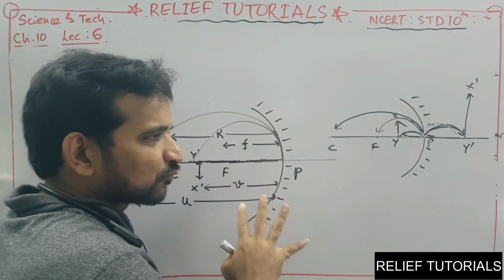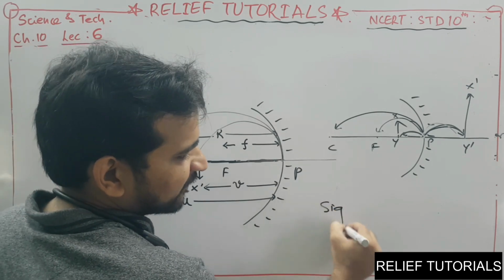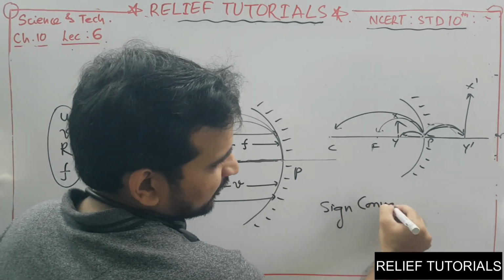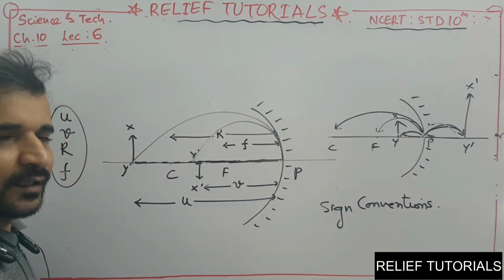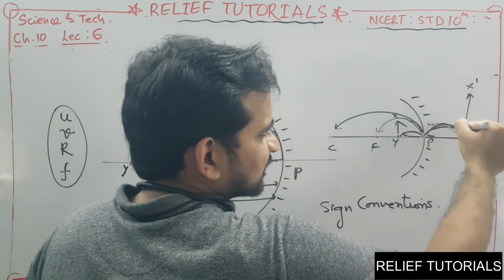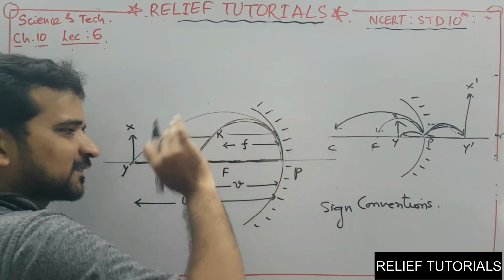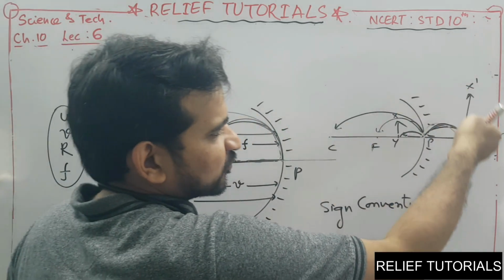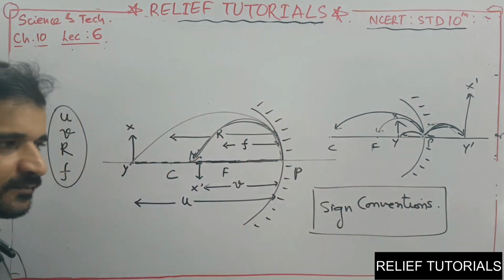So we have to measure the distances according to particular sign conventions. If you are taking the left hand side distance as negative, then the right hand side distance should be taken as positive. Or if you are taking the left hand side distance as positive, then the right hand side should be negative.